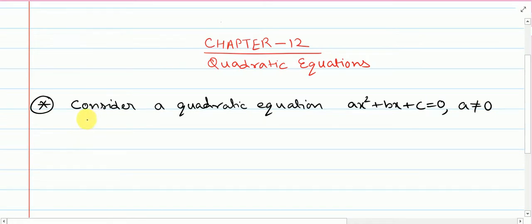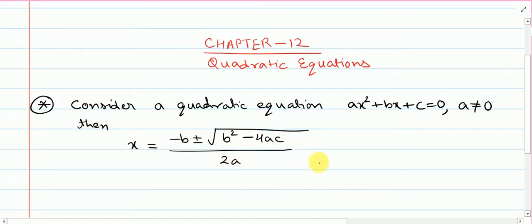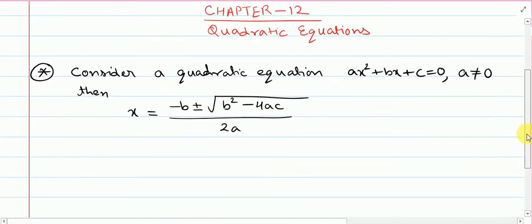Okay, then x is equal to minus b plus minus under root b square minus 4ac by 2a. Okay, this formula we have already done in class 10.